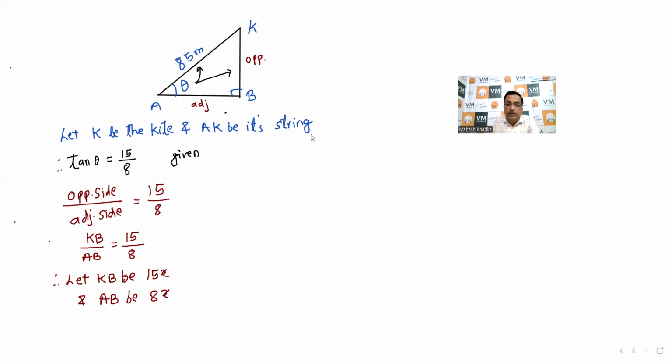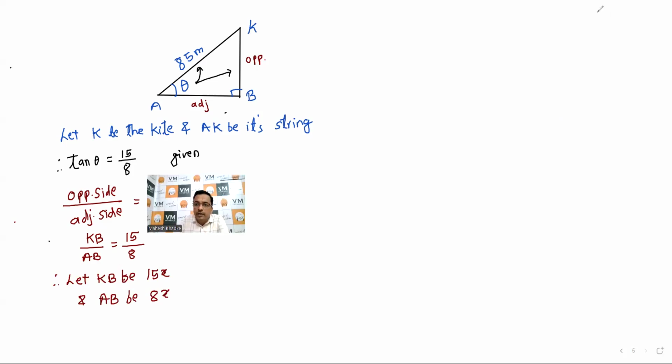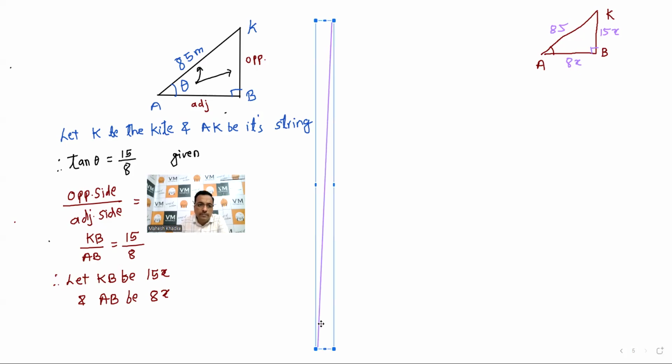Now what to do? Then we will use the Pythagoras theorem. See, this is the diagram you have. I made a rough diagram again, K, B, A. Okay, and what values do we have? We have this one is 85, this one is 15x, correct, KB, and this one is 8x, and this one is 90 degrees. So we will use the Pythagoras theorem here.